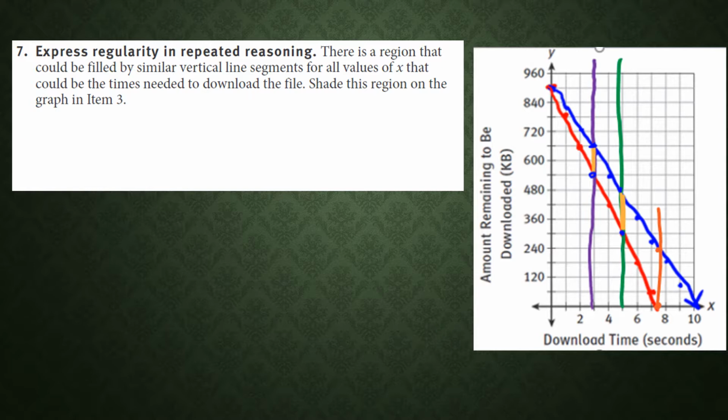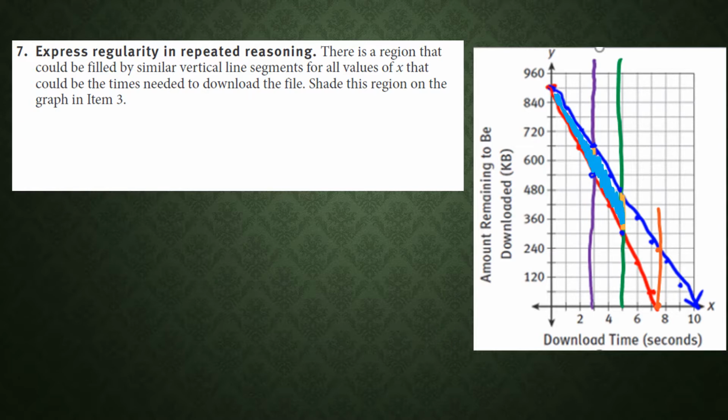All right, so there's a region that could be filled by similar vertical line segments for all of the values of x that could be the times needed to download the file. And they want us to shade that region on the graph. So this is where a highlighter really would be handy, and I don't have one in this program. So all of the possible values for x all along the way would be everything in here.